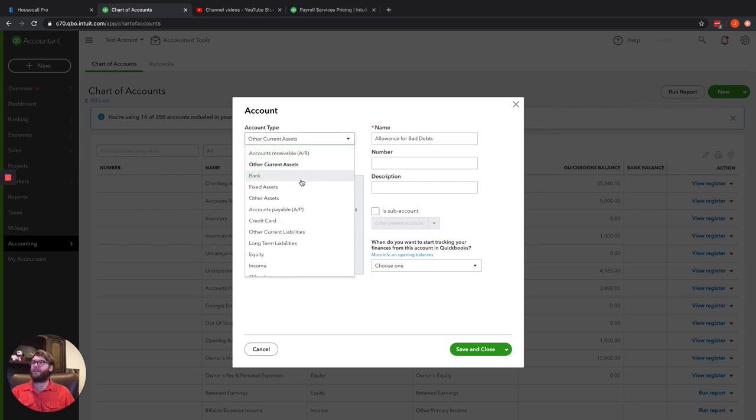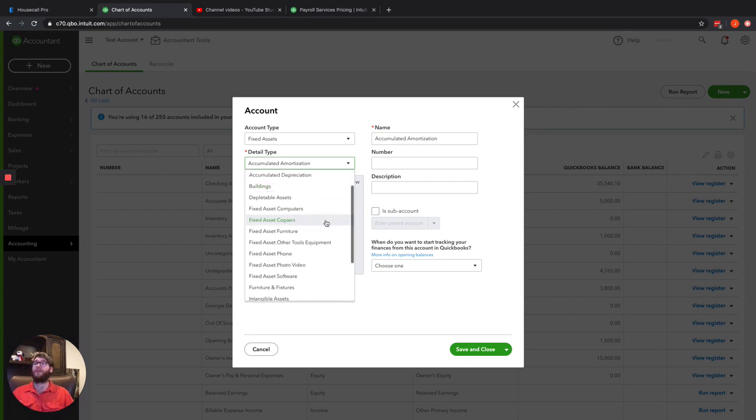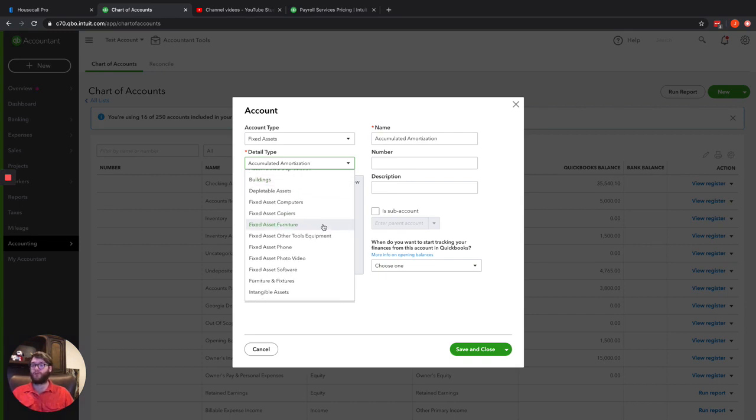Other types of assets, so we have the other current assets, then we have fixed assets. So fixed assets is going to be like big pieces of equipment. Maybe a vehicle that you own, maybe a copier or equipment or computers that are at the office, big tools.